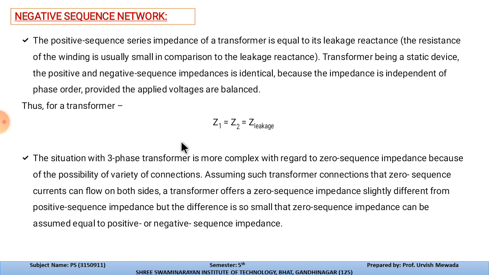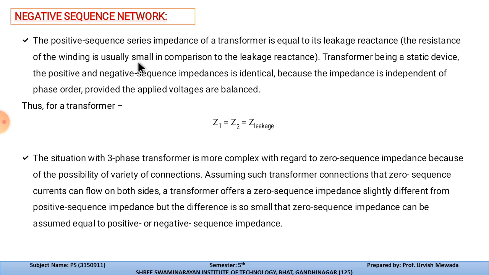The transformer being a static device, as we all know, the positive and negative sequence impedances are identical, because the impedance is independent of the phase order.